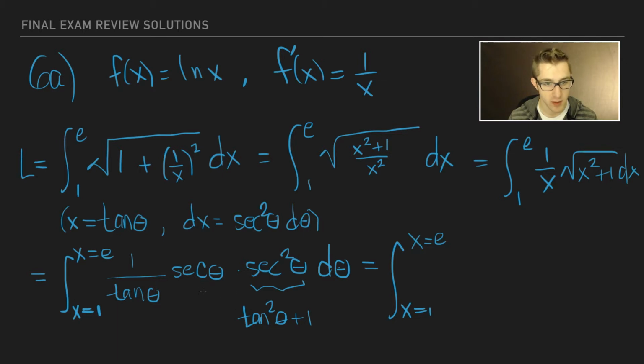Tangent squared times secant over tangent is just going to be secant times tangent. And then I have plus 1 times secant over tangent. So secant is 1 over cosine. Tangent is sine over cosine, so I'm dividing out the 1 over cosine part. And then I'm left with 1 over sine, which is cosecant.